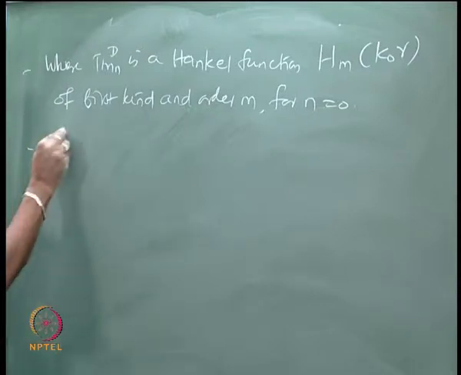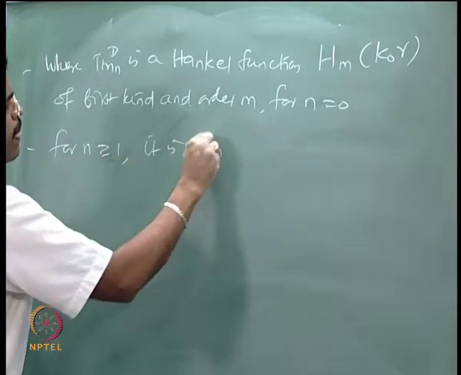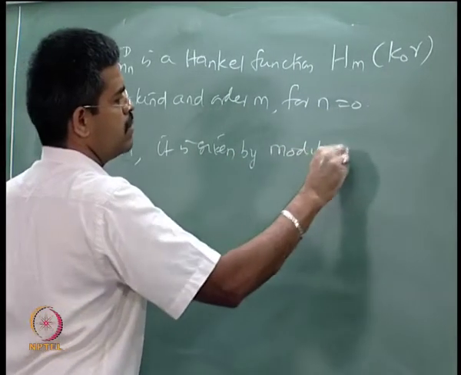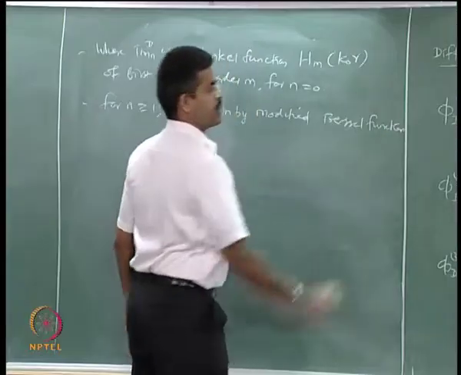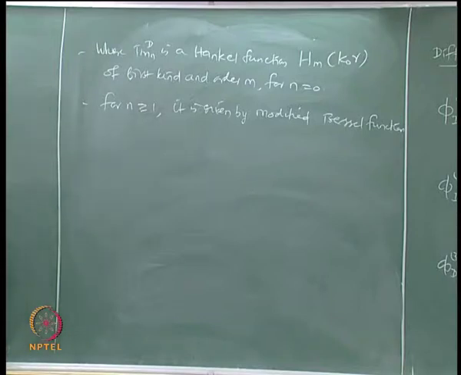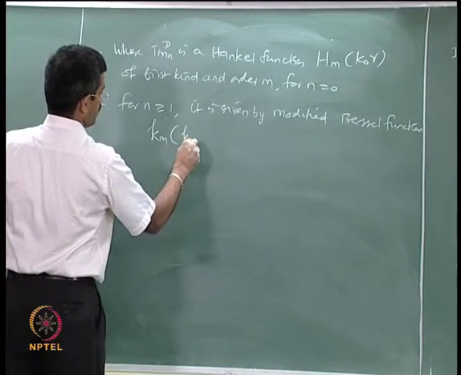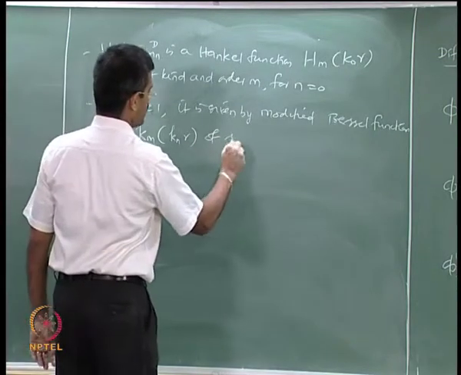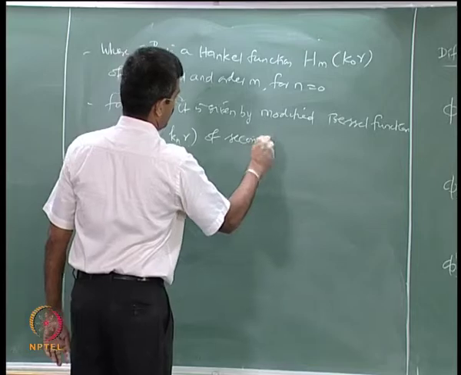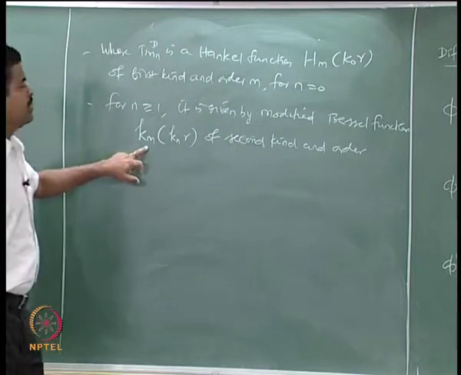Now, for n greater than or equal to 1, this is given by a modified Bessel function, say Km of Knr, which is of the second kind and order m.